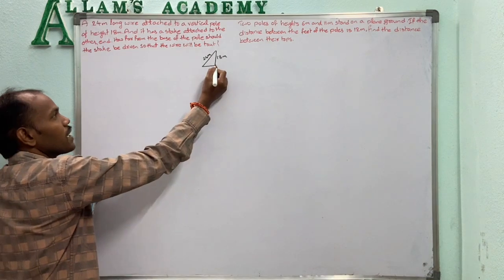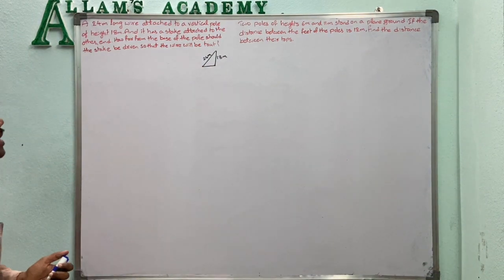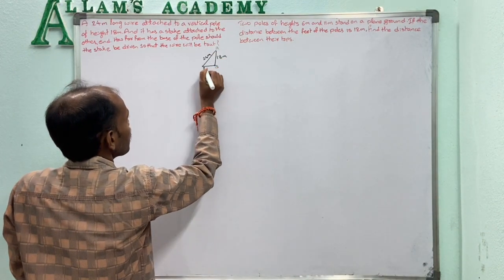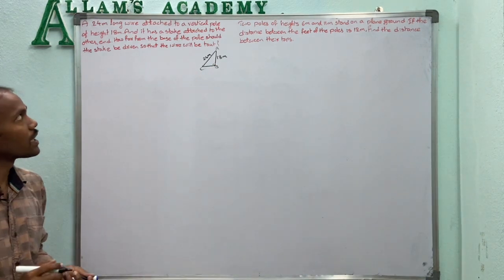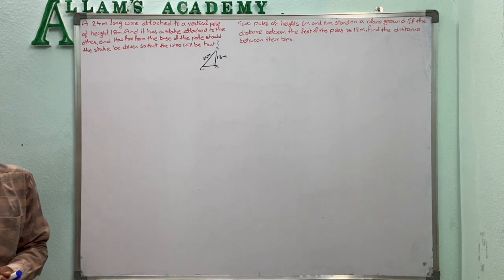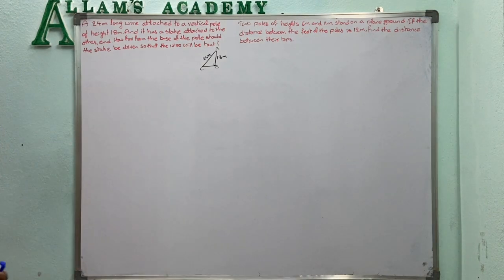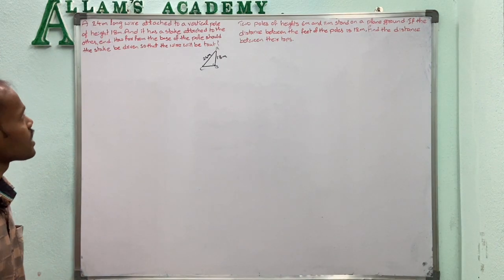So from the base of the pole, how much distance is there to the stake? That is the question here. The pole and the ground are perpendicular, so here we form a right triangle. So by using Pythagoras theorem we solve it.